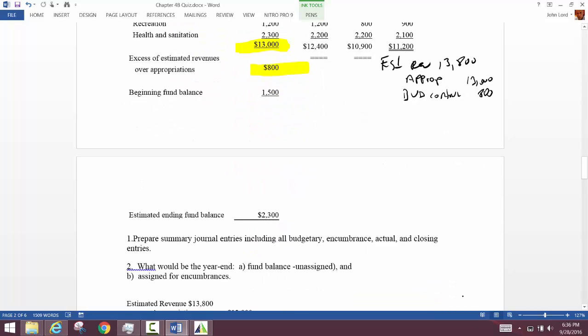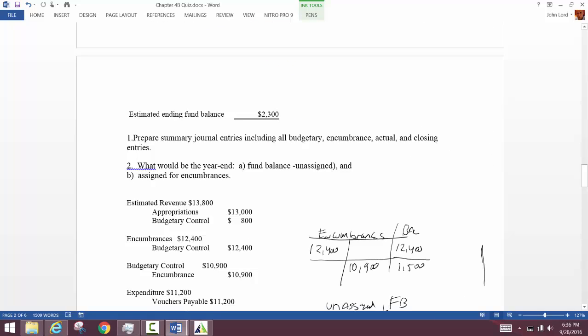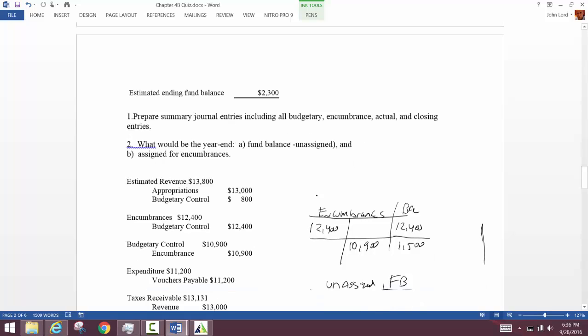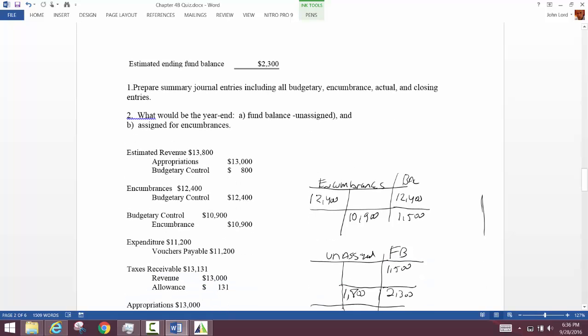So if you're having a little trouble reading exactly what I'm putting here, notice I also gave you the solution down here. Okay. And what I did here is I went ahead and teed up some of these. But I'm going to add to my list of accounts that I'm going to tee up. I'm going to add Bud Control.